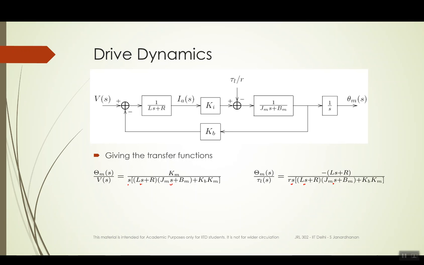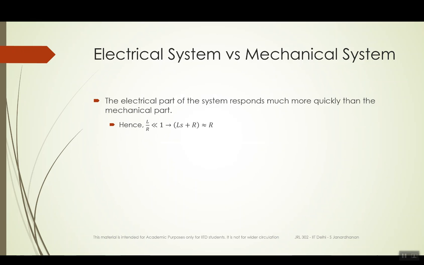So you have to first see whether this entire thing can actually be simplified. Can some simplification be done in this case? The answer is yes, because what we have here is a combination of an electrical system and a mechanical system, and the electrical system has a response time in milliseconds, and the mechanical system has response times of a few seconds.